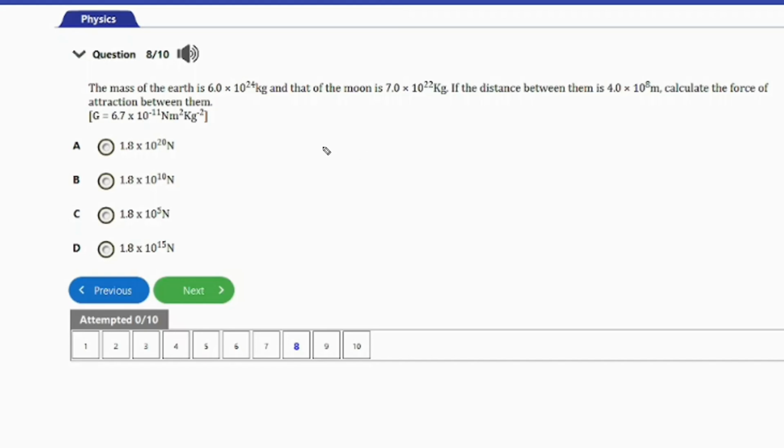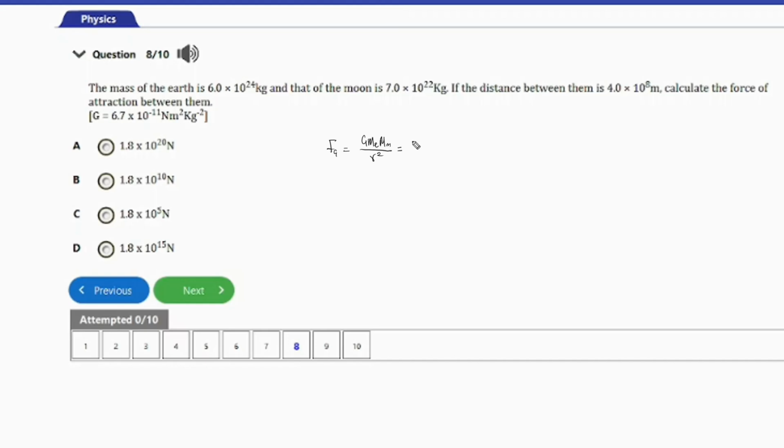between them. So guys, the force of attraction between them, which is the gravitational force Fg, is going to be G into M1, or in this case, let's say ME times MM, that's the mass of Earth times mass of Moon, then over R squared, which is the square of the distance between them.